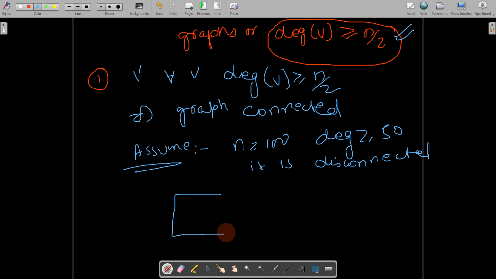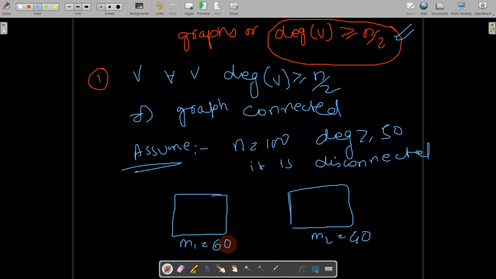So minimum there are two connected components like this, and we have to check all possible distributions of the number of nodes the two connected components can have. There we are ensured the degree of every vertex is greater than or equal to 50. Suppose the distribution is, first M1 has 60 nodes and the M2 connected component has 40 nodes. Okay, 60 plus 40 will make 100.